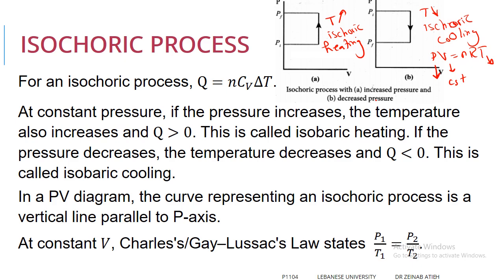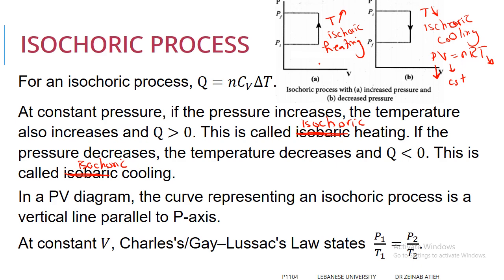I have to correct it, I will correct it later. I'm talking about an isochoric process. If the pressure decreases, the temperature decreases and Q is negative, and this is an isochoric cooling. In a PV diagram, the curve representing an isochoric process is a vertical line parallel to the P axis.